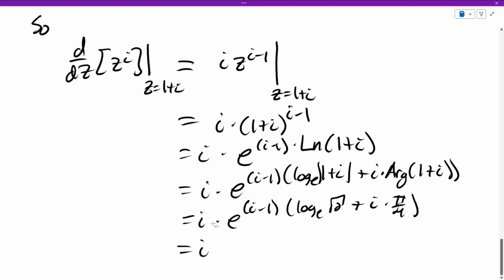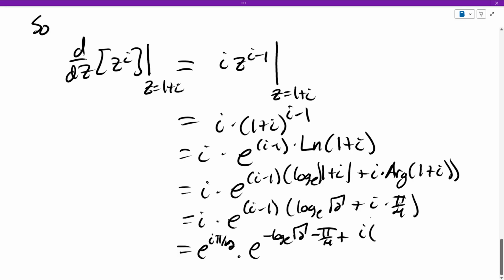And let me go ahead and even rewrite this i as e to the i pi halves. And then this is e to the i minus 1. Oh, shoot, I've got to multiply it out. Let's collect our real parts first. How can we get a real number? Well, negative 1 times log, that's certainly going to be real. And then i times i pi fourths is going to be negative pi fourths. That's certainly real. And then what are all of our cross terms here?